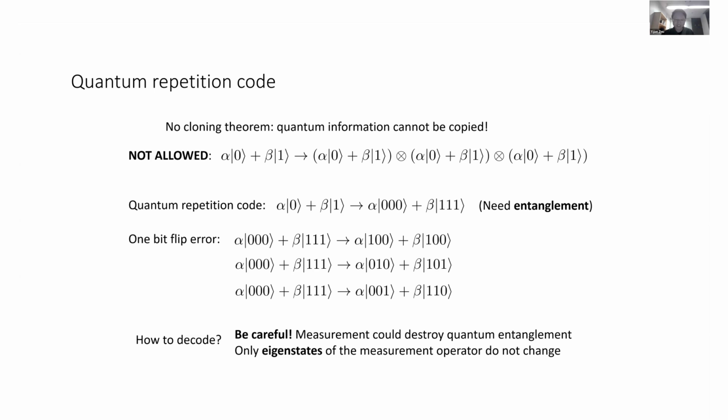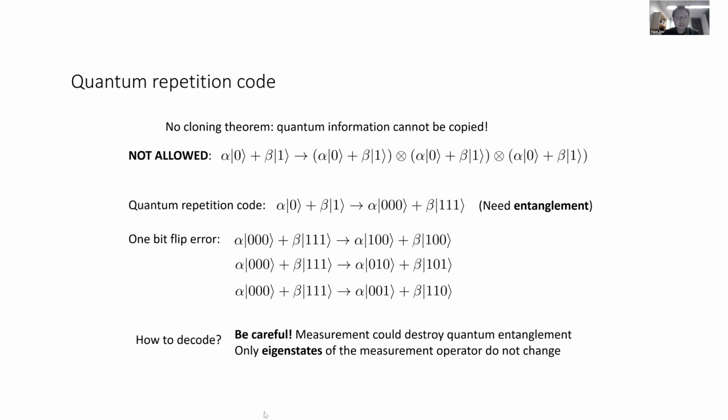Then it is either dead or alive, and you cannot change it. So one has to be careful about decoding. And the axioms of quantum mechanics tell us that only an eigenstate of the measurement operator does not change. So that helps us devise the decoder.